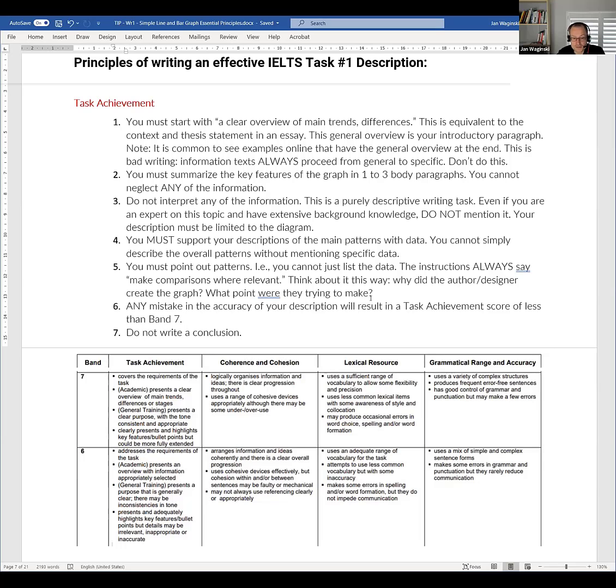Yes, sometimes because they are reviewing your writing so quickly, they do overlook things. They are assessing 25 of these per hour. So they might overlook a minor issue, but I wouldn't bank on that. If they notice, you're not getting band 7. And again, it's not necessary to write a conclusion.